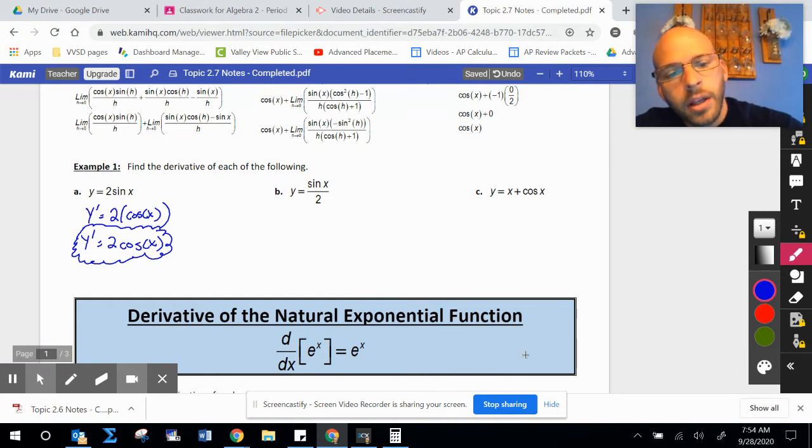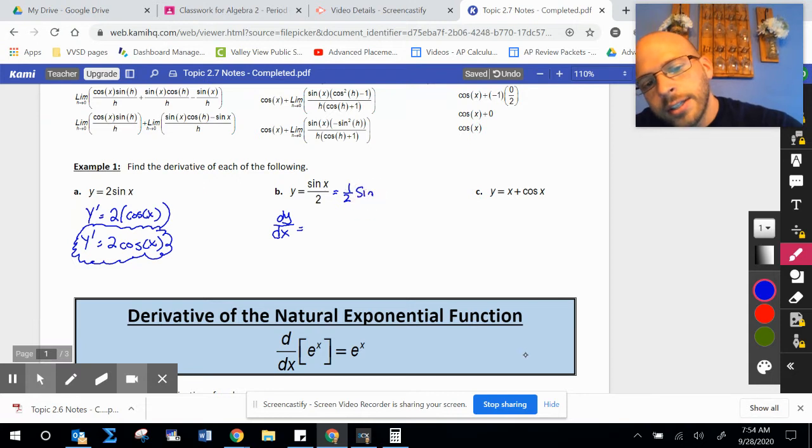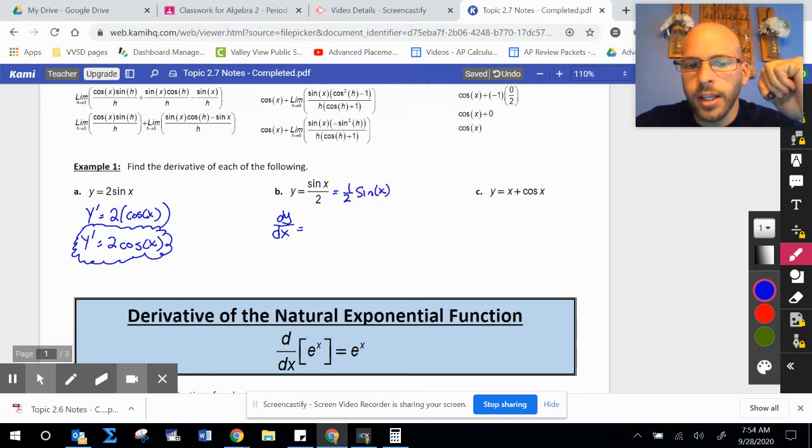Okay, so let's take a look at some other examples. Let's look at B. So y, now another notation, instead of y prime, you can use dy dx, right? So if I take the derivative of this, now, I want to show you how I would rewrite this, just to show you kind of like it makes a little bit more sense algebraically. I'm going to write this as a 1/2 times sine of x, right? If you divide by 2, it's the same thing as multiplying by half.